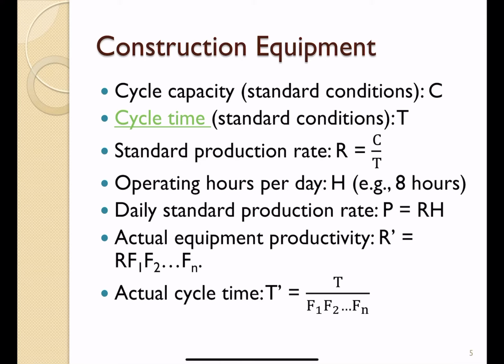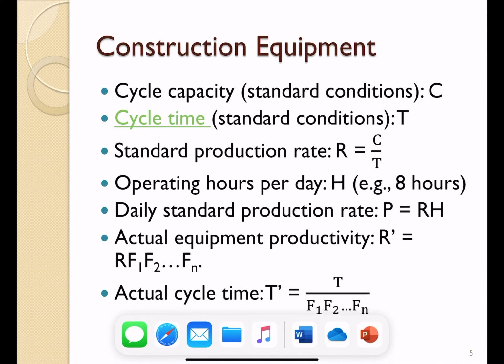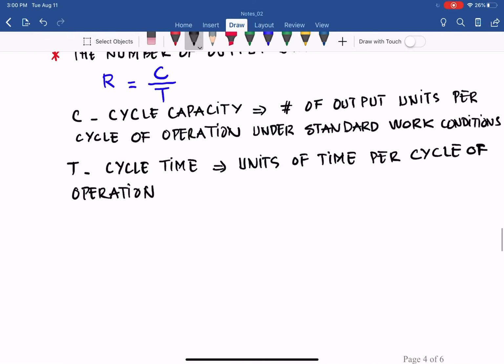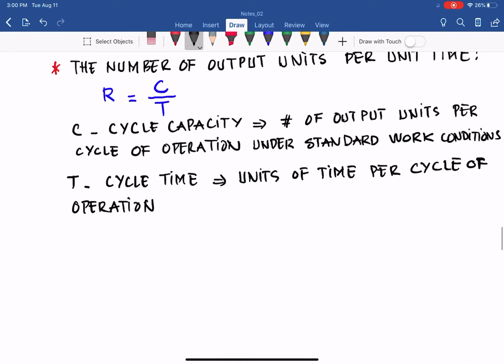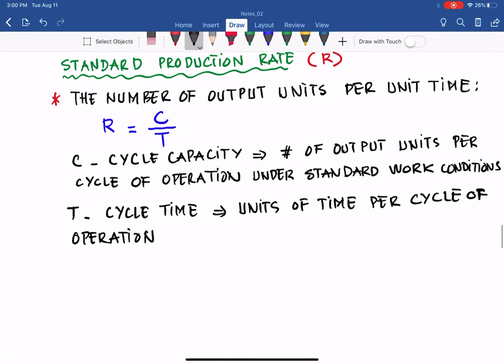You will also see that the cycle capacity for the excavator and the cycle capacity for the dump truck are different. So let's do that exercise on your own and see what the cycle time is for that excavator given that working condition. So let's go back to cycle time. From that we can have the standard production rate, and that is per hour.